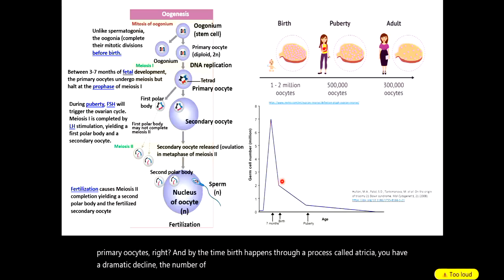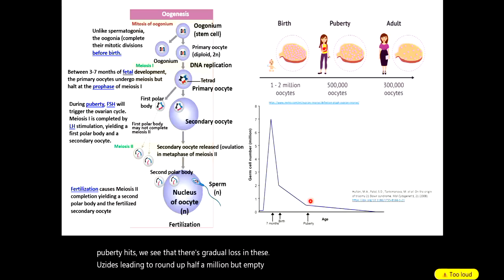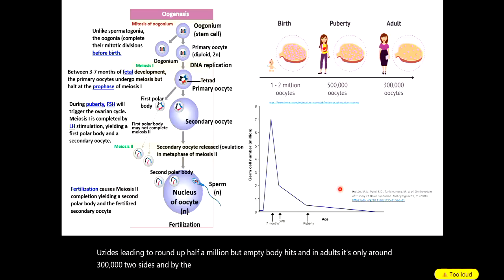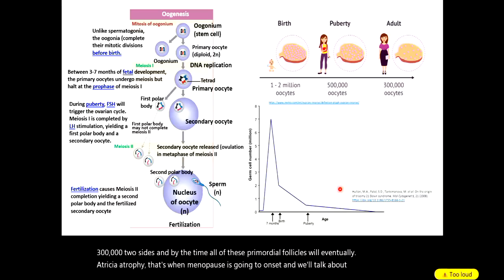You have 1 to 2 million, and then by the time puberty hits, we see a gradual loss in these oocytes, leading to around 500,000, and in adults it's only around 300,000 oocytes. And when all of these primordial follicles eventually atrophy, that's when menopause is going to onset. Right? And we'll talk about menopause when we come back next week.